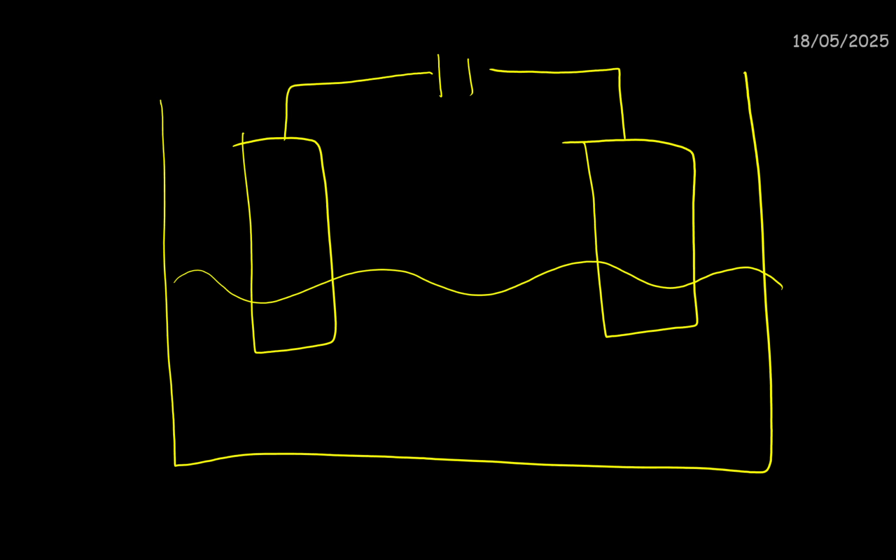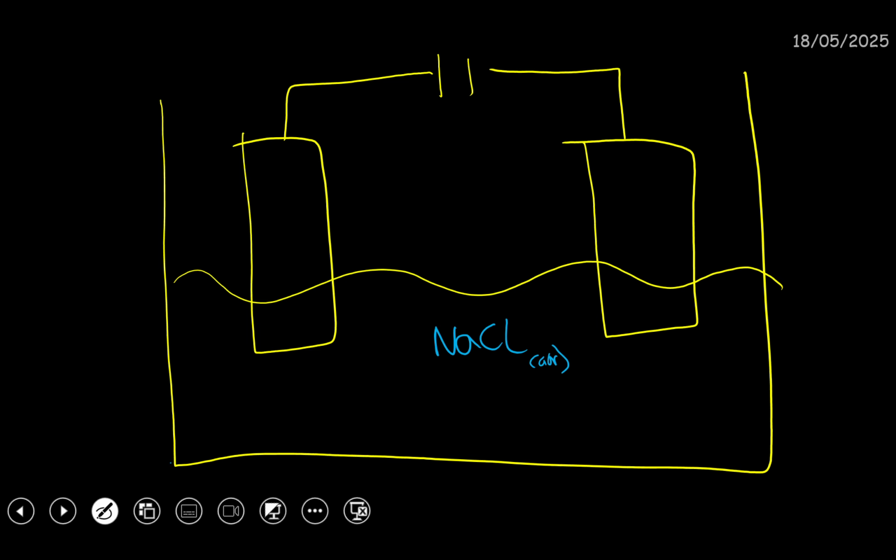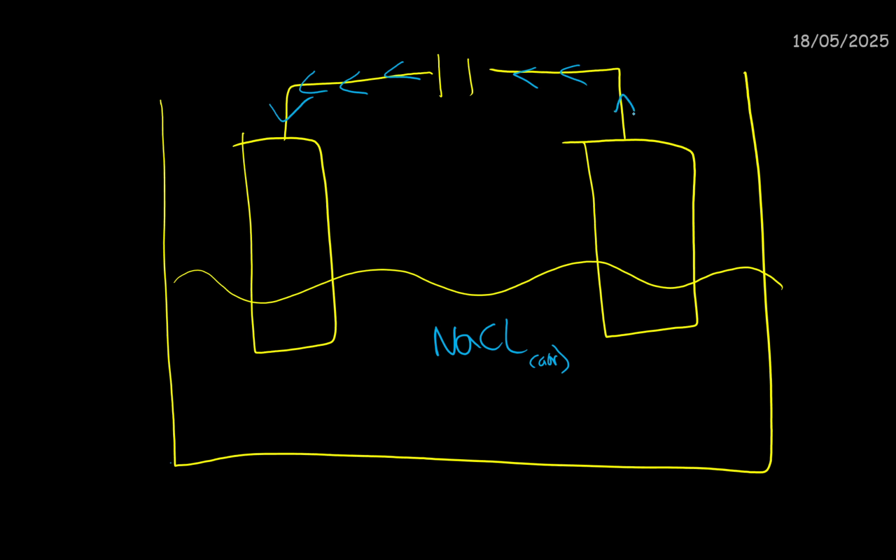Let's say we've got NaCl in here, and here are your electrodes. Now let's say the electricity is flowing this way.